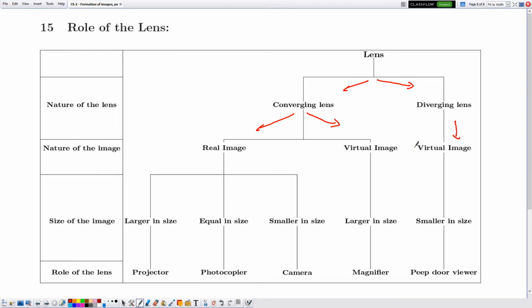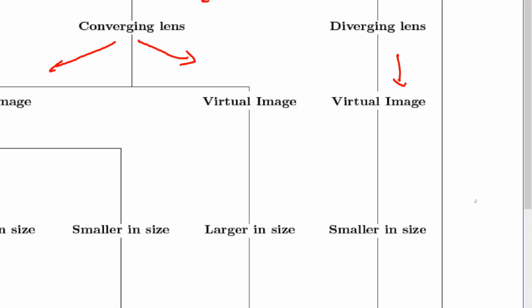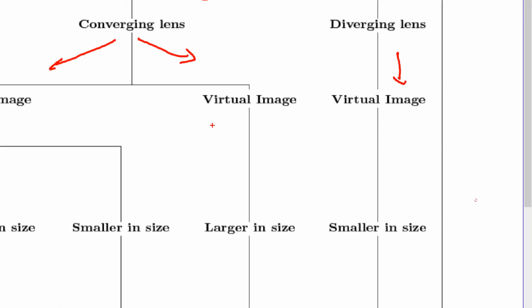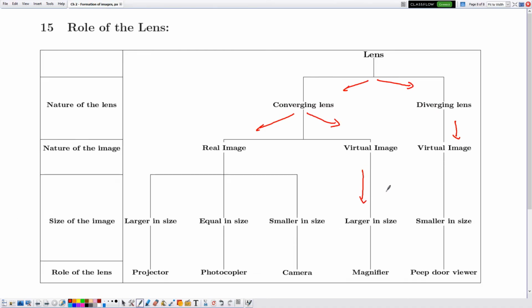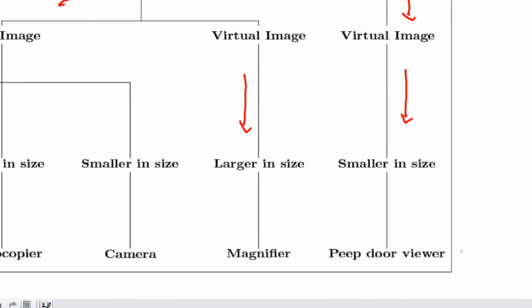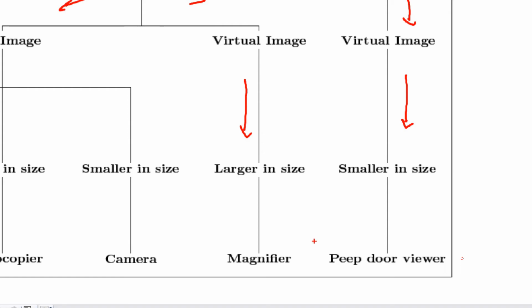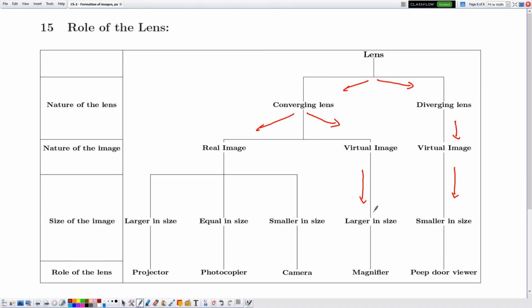So what's the difference between the virtual image of a converging lens and a diverging lens? The virtual image given by a converging lens is larger in size, whereas the virtual image given by a diverging lens is smaller in size. So for this reason, one of the roles of a converging lens is a magnifier, whereas the diverging lens only has the role of a peephole viewer.